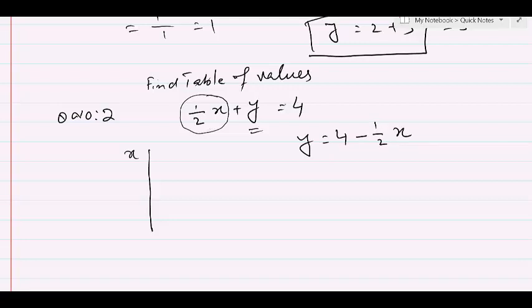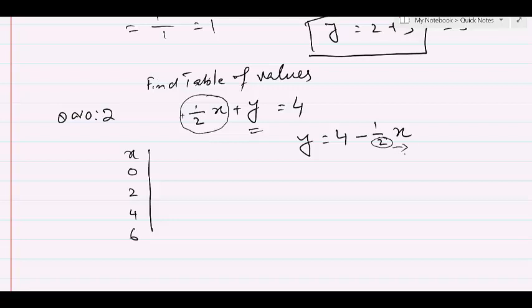The rule of transformation is that whenever a term crosses over the equality sign, it changes sign. Here it was a positive sign. When it has crossed over to the other side of the equality sign, it has become minus 1 by 2 x. Now it is easy, and because of this denominator 2, the values we are going to assume for x would be 0, 2, 4, 6, like multiples of 2.